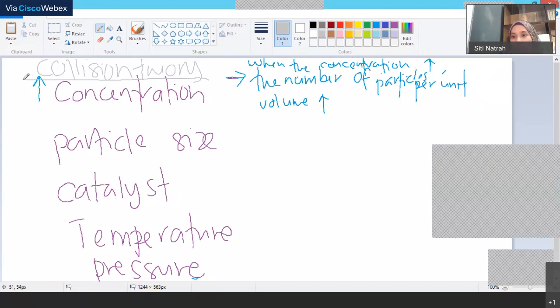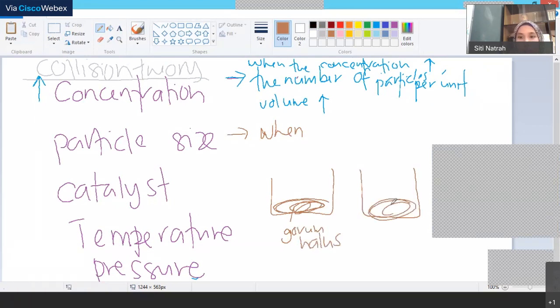Must the particle size be big or small? For particle size, let me give you an example. Usually, for example, salt. We have coarse salt and fine salt, right? Just imagine you have fine salt, and then you have water.